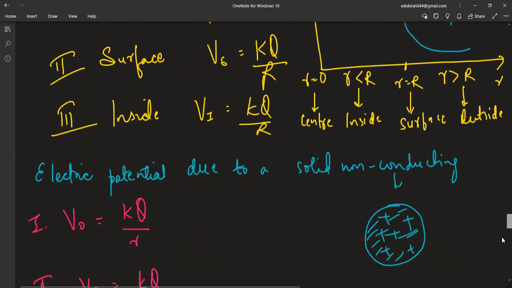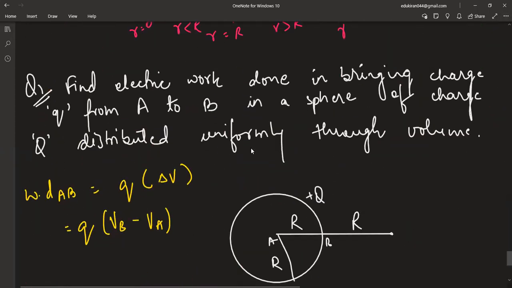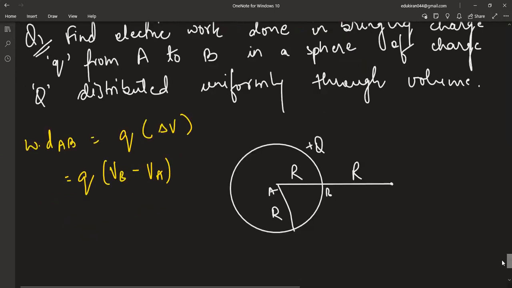Now see, nothing is mentioned regarding hollow or solid. It is just given a sphere. So by default, when nothing is mentioned, you have to assume by yourself that this is a solid sphere. For hollow, it would specifically mention that this is a hollow sphere. Now, the charge at point B. B is at the surface, inside or outside? On the surface.